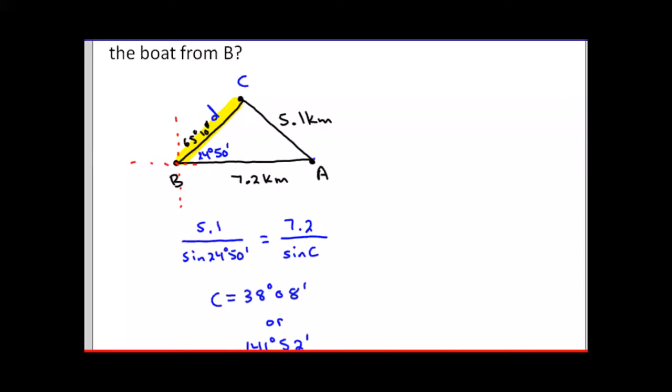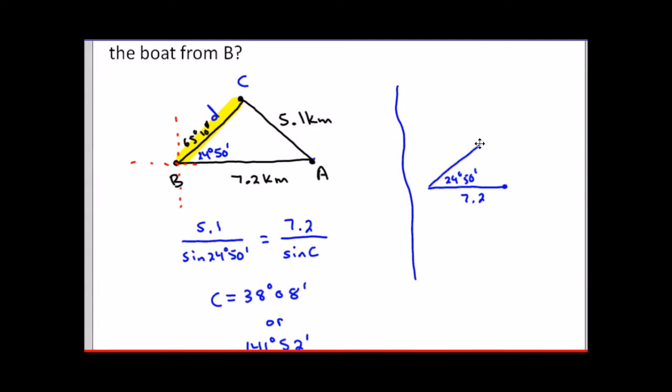You guys, if we've got this triangle here, and we know for sure that this angle right here is 24 degrees, 50 minutes. And we know this is 7.2. And now we just discovered this angle C, and I was drawing this incorrectly here, but this angle C could be 141.52.